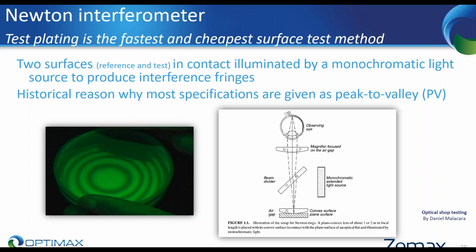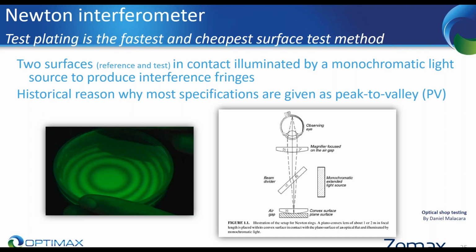For those of you who are not familiar with test plating, it's when you take two surfaces, your reference and your test, and there's a photograph of it in the bottom, and they're in contact illuminated by a monochromatic light source, typically green, to produce interference fringes.